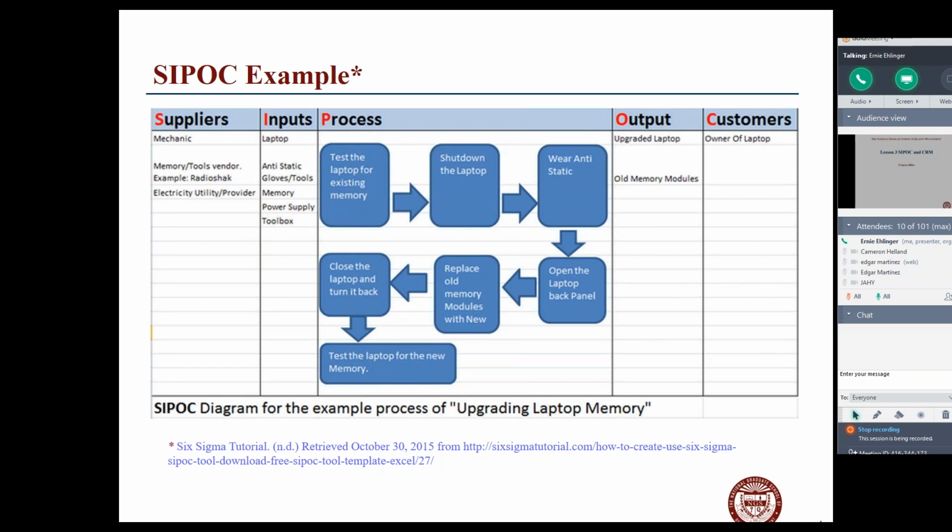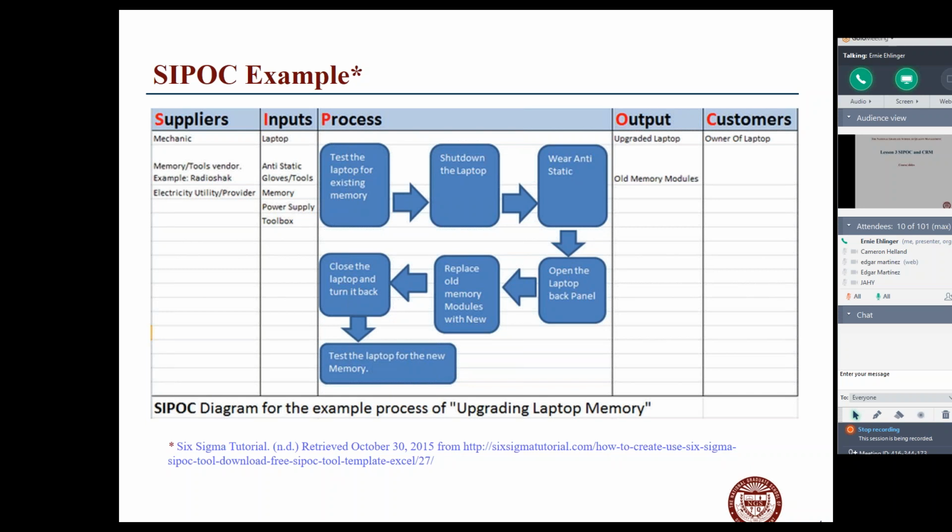So you list those. And then the customer group is who is using these outputs? Who is using these products and services? This will be a very good tie-in to another tool we'll talk about tonight: from the customers, you can go right to the CRM, the Customer Requirements Matrix.